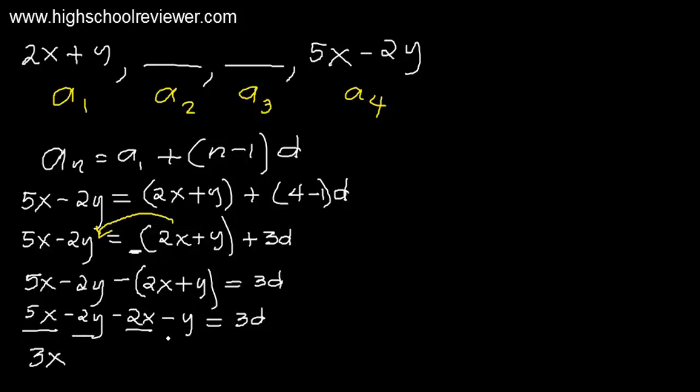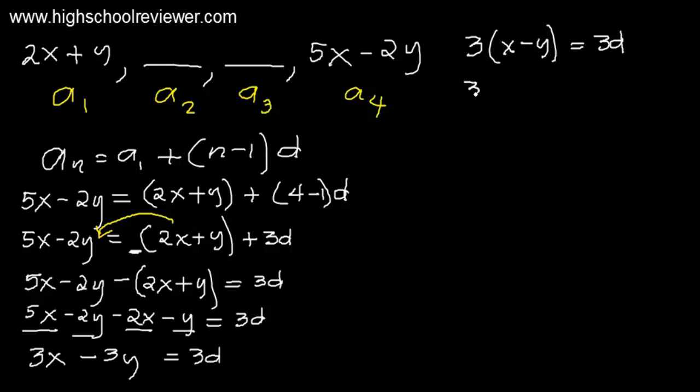And minus 2y minus y, negative 3y, equals 3D. So we can factor this out. Okay, so 3 multiplied by x minus y equals 3D. And then we can rearrange. So we have here 3D is equal to 3 multiplied by x minus y.